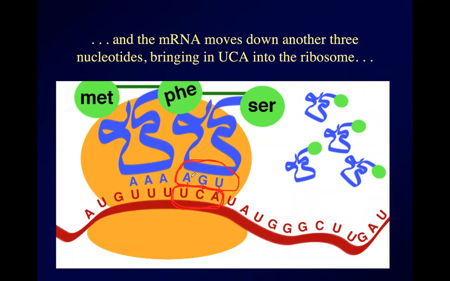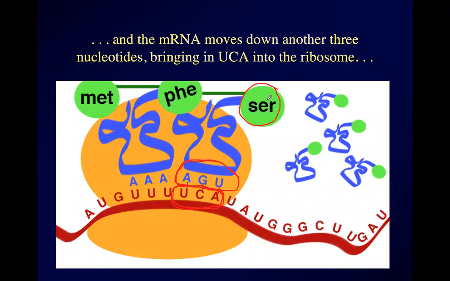the only transfer RNAs that have AGU at the anticodon loop are the ones that have an amino acid called serine. So if anybody ever asks you, what does UCA truly stand for? The answer is it stands for the amino acid serine, which is probably not the answer that they're looking for, but it is absolutely true.